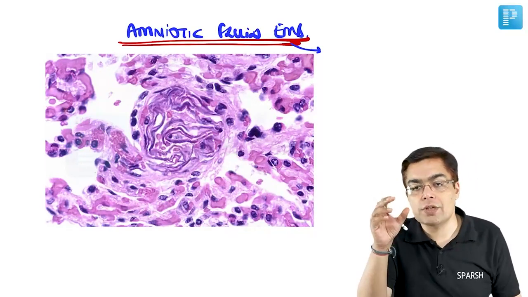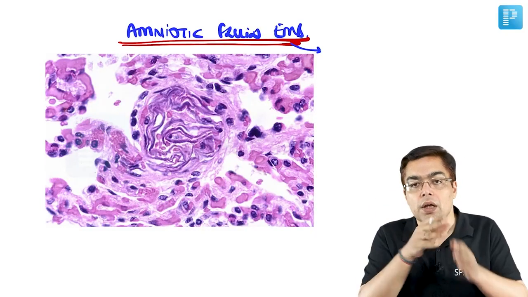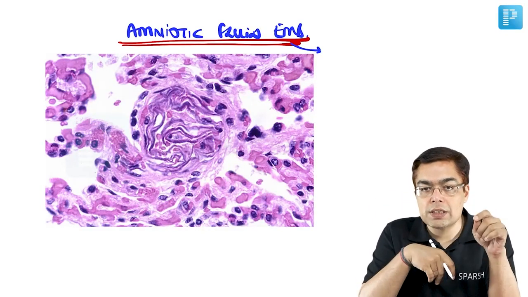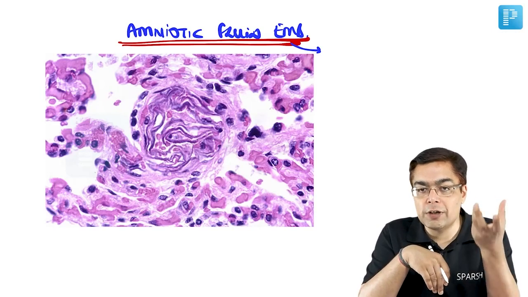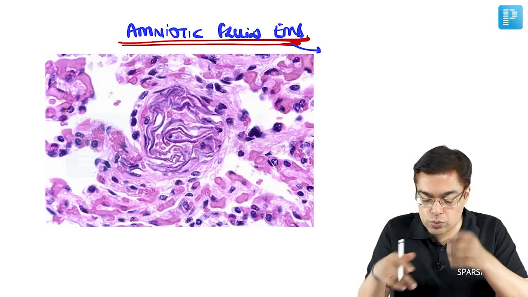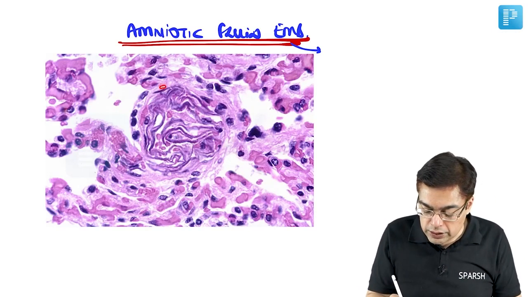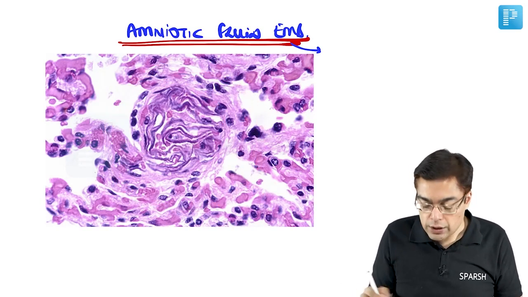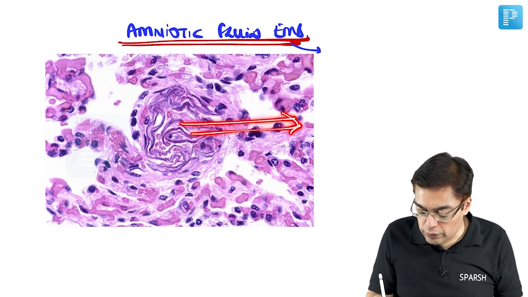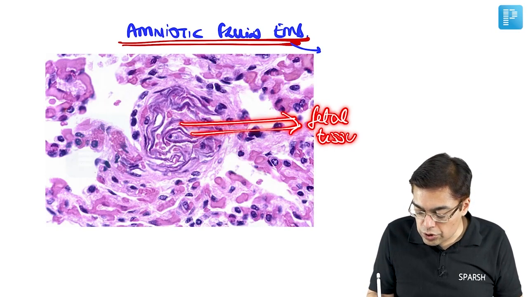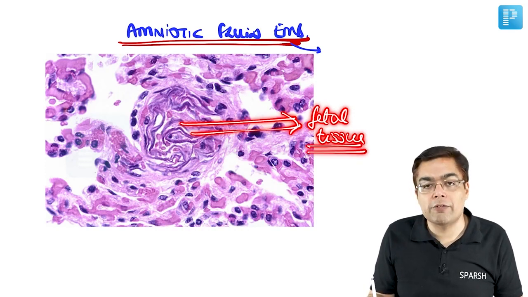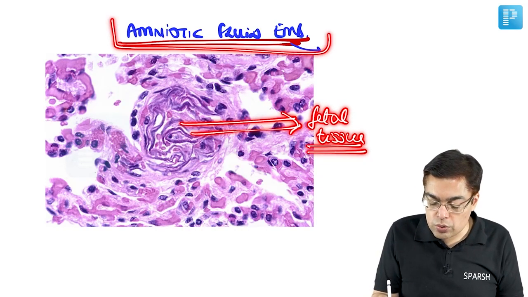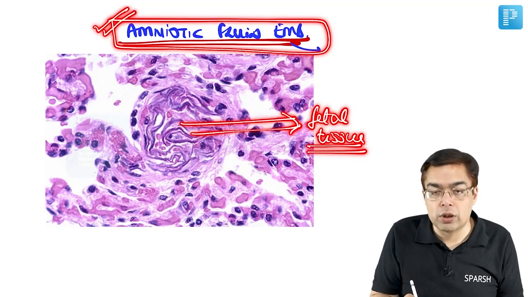When the amniotic fluid enters the systemic circulation, it brings with it fetal squamous cells, that is, fetal epithelial cells and other tissues, and that is what gets deposited inside the pulmonary vasculature. So this is the picture that you find. What you find over here is the presence of fetal tissue, which is causing an obstruction and a problem at the level of the pulmonary vasculature. That condition is what is given the name of amniotic fluid embolism.